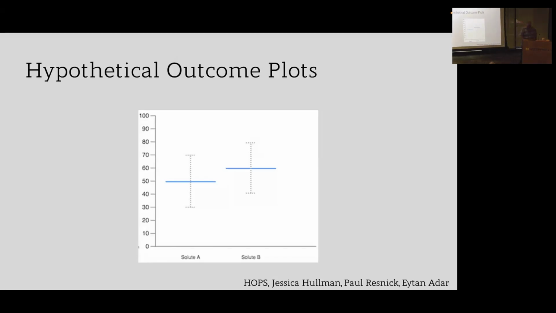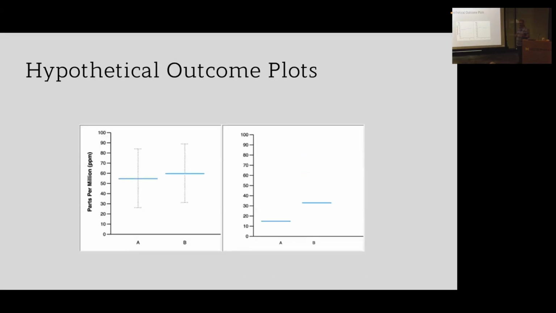And so what we did was an experiment where we have animations. By using simulated draws, like using bootstrapping, we pull data from the distributions and we visually animate these things. And we let a person sit there and watch. And it turns out that when we do this, people are really good at telling us whether solute B is better than solute A, and if they're correlated and things like that.